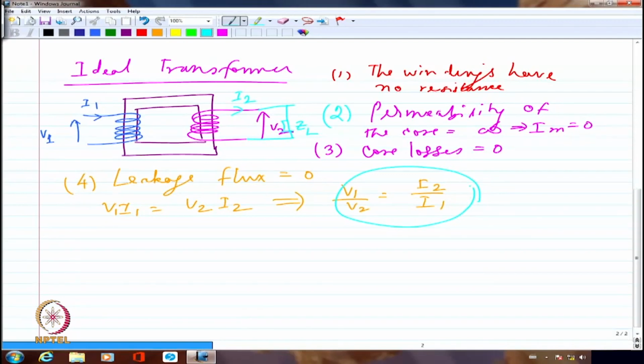Right. Now I would like to represent this ZL on the primary side, or I want to transfer the impedance from the secondary side to the primary side.